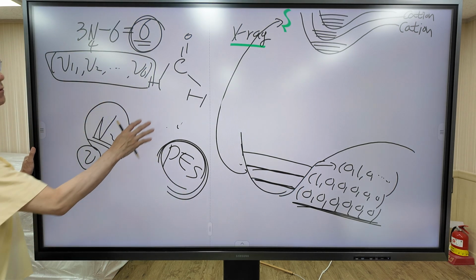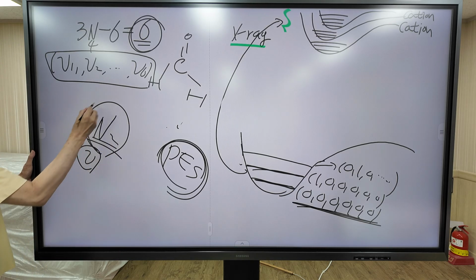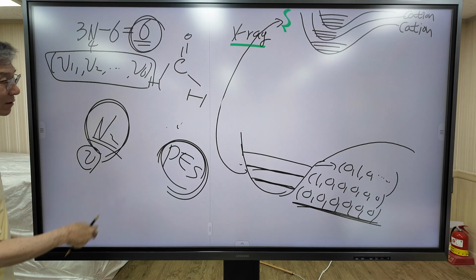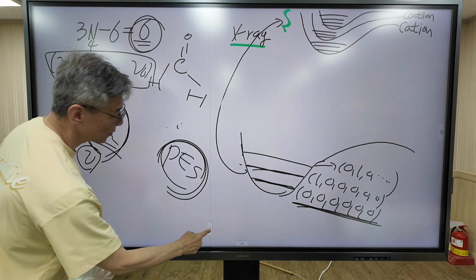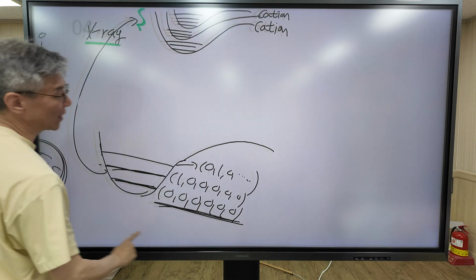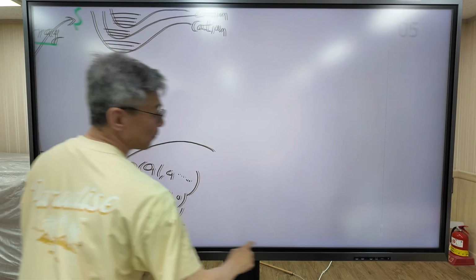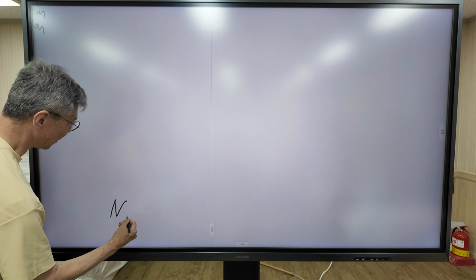To explain the photoelectron spectrum of formaldehyde, we are going to review the photoelectron spectrum of N2. To explain the photoelectron spectrum of N2, we must draw the molecular orbital energy diagram of N2. This is the molecular orbital energy diagram of N2.